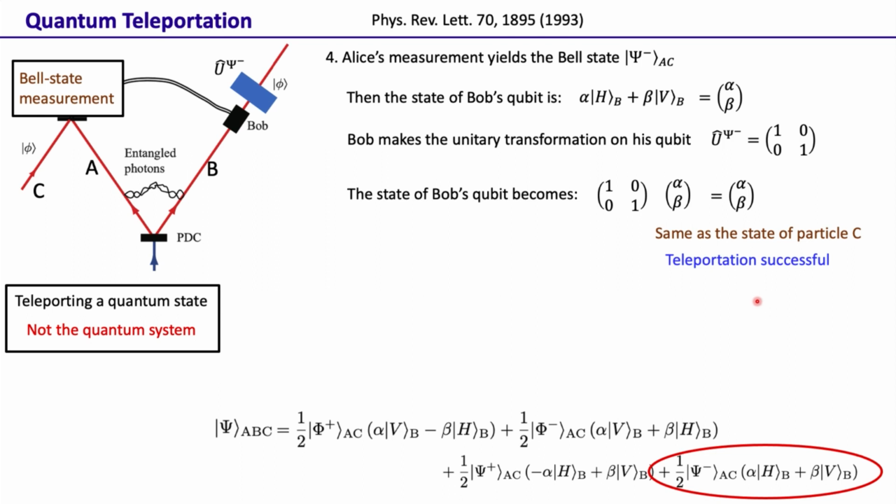So this is how teleportation works: without teleporting the particle, or without actually obtaining the numbers by doing state tomography, which is a very difficult problem, one basically transmits or teleports the state of particle C to that of particle A. So that's the quantum teleportation.